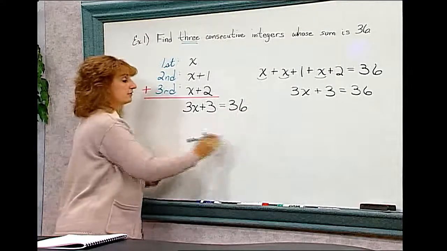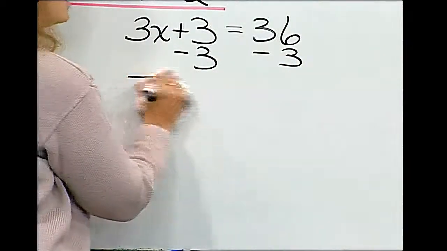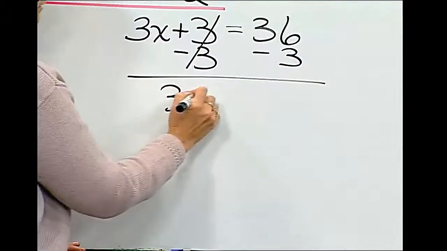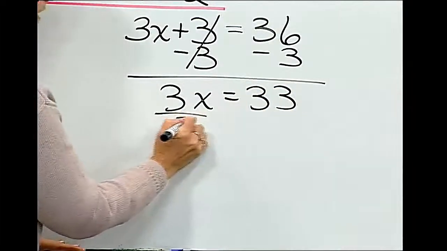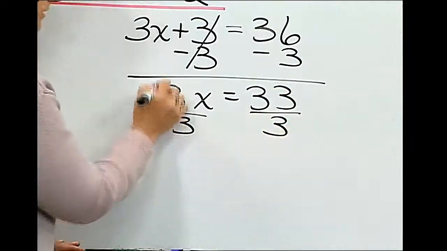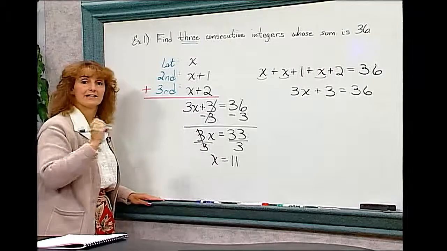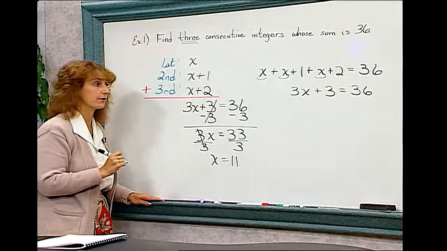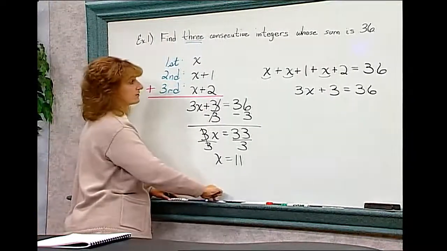I'm going to continue from here. If I subtract 3 from both sides, that gives me 3x equals 33. When I divide both sides of my equation by 3, x equals 11. That's just my first number. So let's go back up here to my first, second, and third numbers.